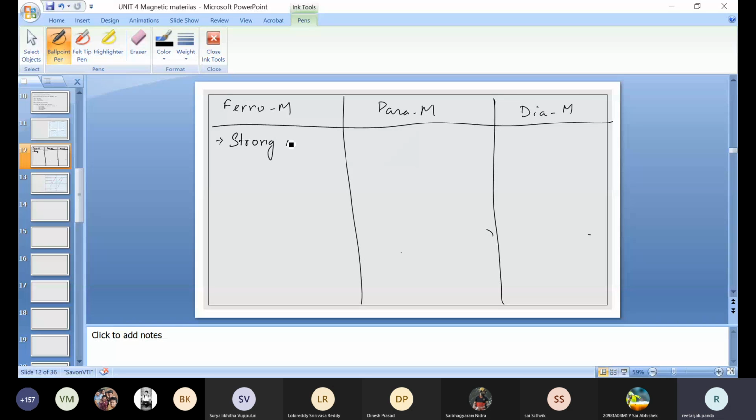But in the case of paramagnetic, this attraction is feeble. Feeble means weak. In diamagnetic also, this is weak. Feeble attraction.